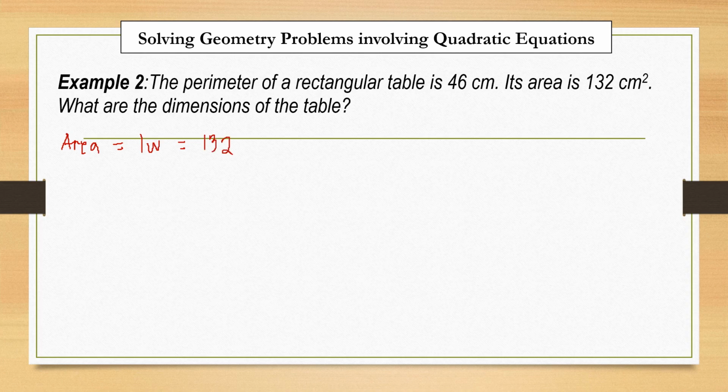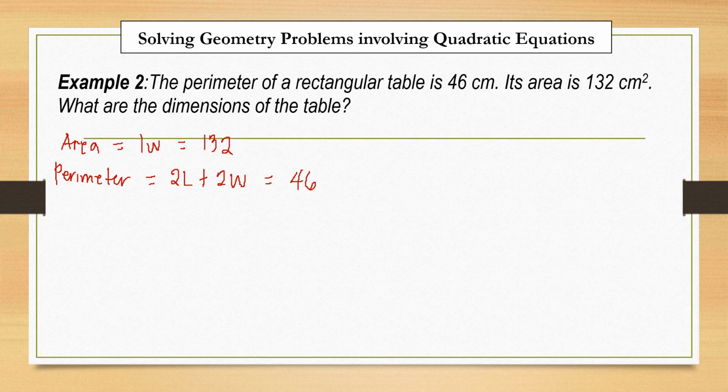We also know that twice the sum of the length and the width of the rectangular garden gives the perimeter. That is twice the length plus twice the width, and that is equal to 46.